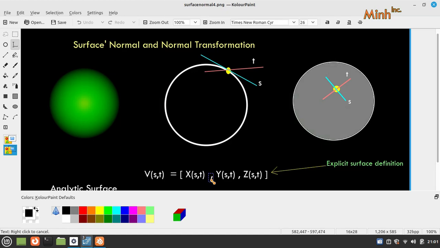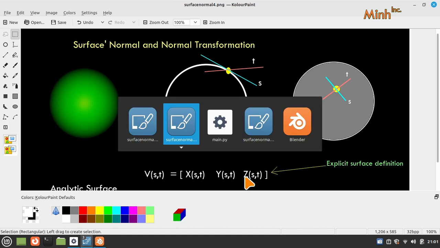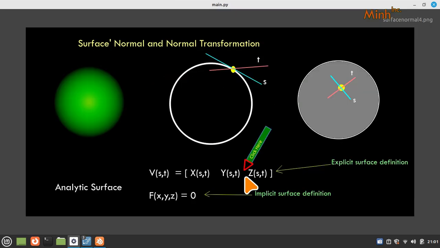Okay, so x, y, and z. A function with variation in s, t, that is x, again y, again z.